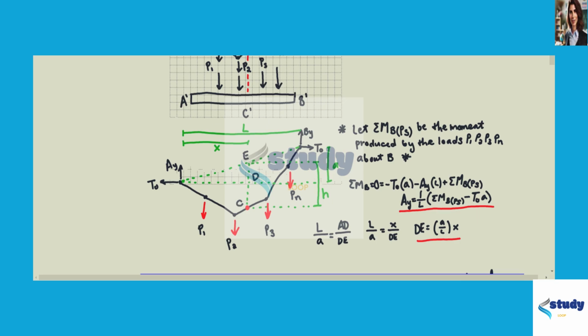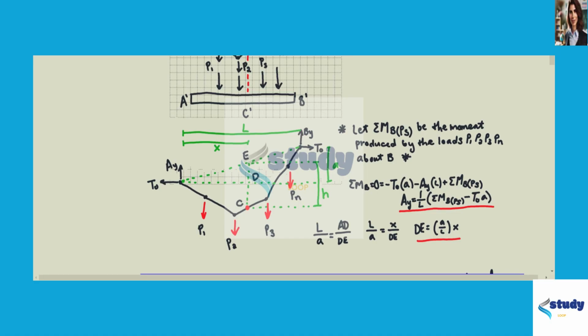So we're going to let the sum of moments around B due to all the loads be this symbol, and it's going to be the moment produced by the loads P1, P2, P3, Pn about B. So the first thing we're going to do is the sum of moments around B and set that equal to 0.